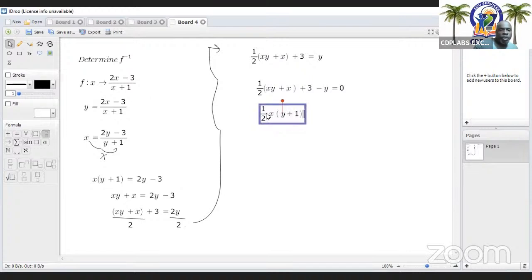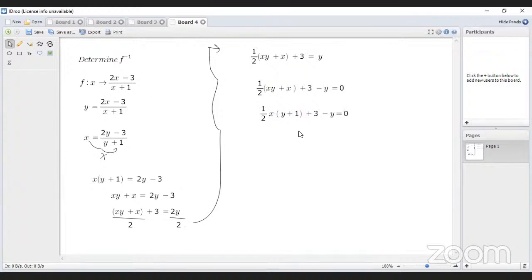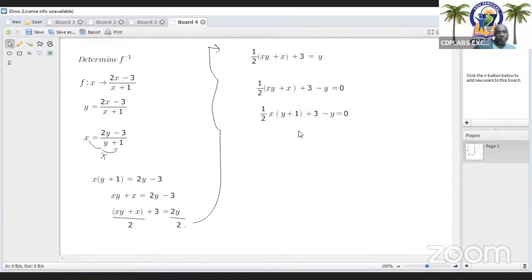We have plus 3 minus y, equals 0. So now we have to do something here, right? It's a bit tricky, and it's where we make a mistake on this one. So y plus x, factorize.